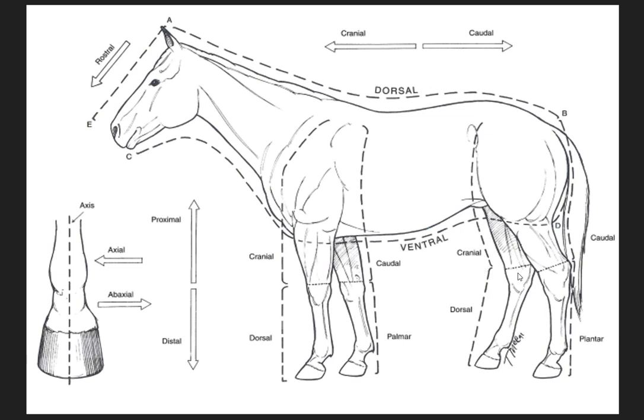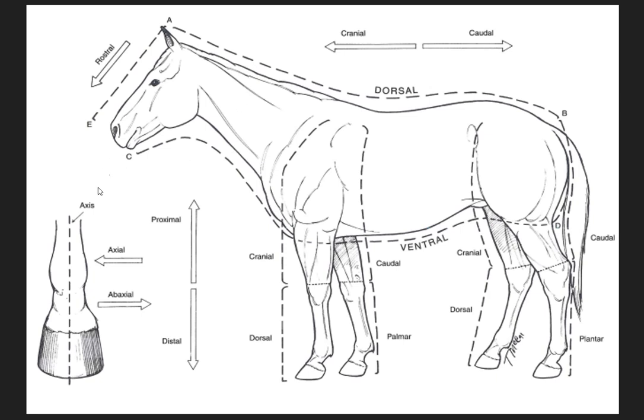So when you reach the tarsus and downward, you start to say dorsal surface for the cranial surface. And for the caudal surface, you start to say plantar surface, which comes from the plantar aspect or the sole of your foot or the animal's foot.